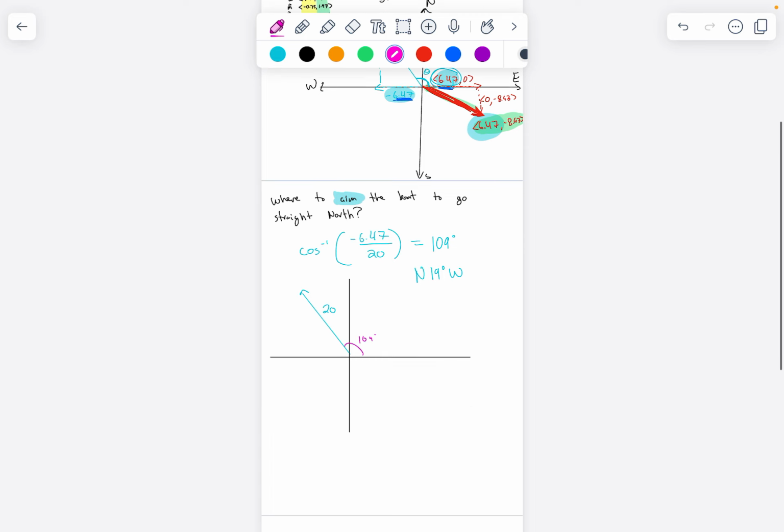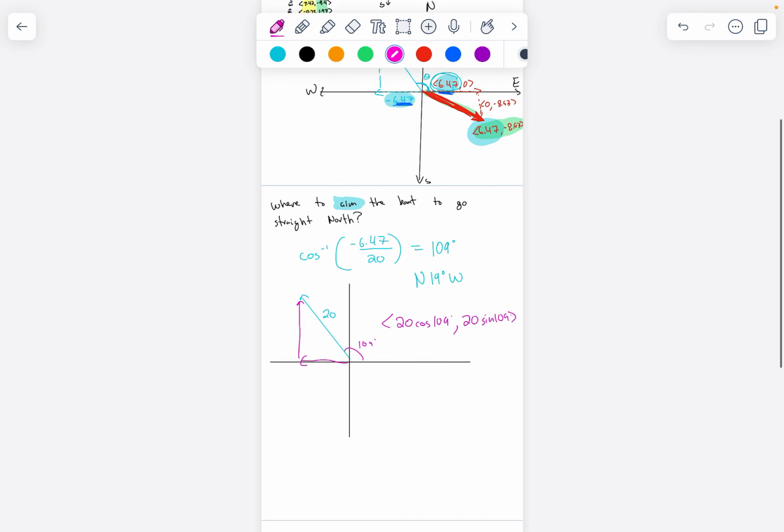So if I want to know the horizontal component of my vector, I simply do 20 cosine of 109. And if I want my vertical component of my vector, I do 20 sine 109. Now 20 cosine of 109 should be kind of obvious because we picked our angle so that it would come out to the thing we wanted it to be.